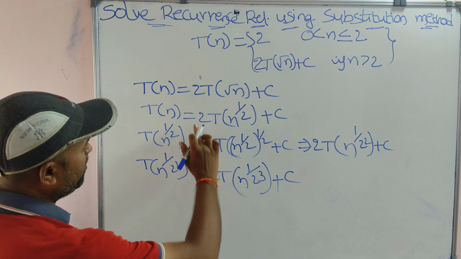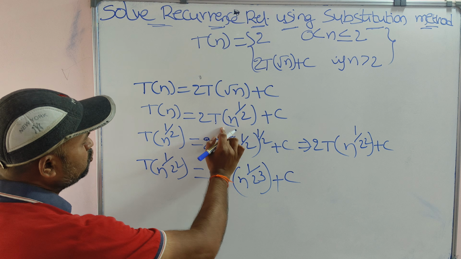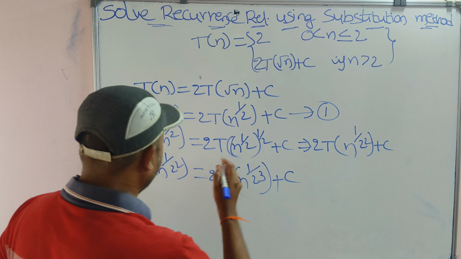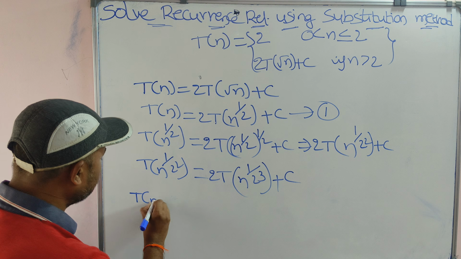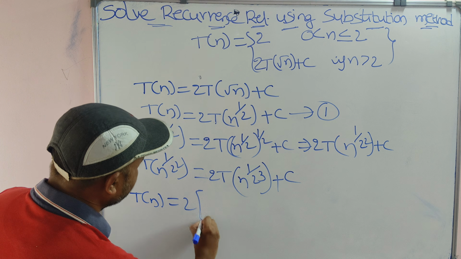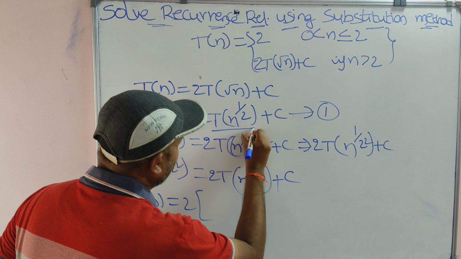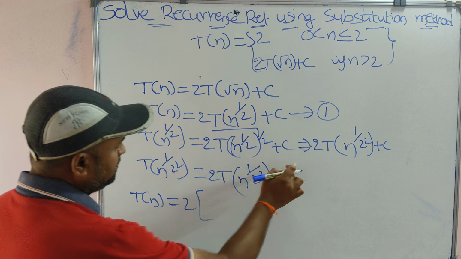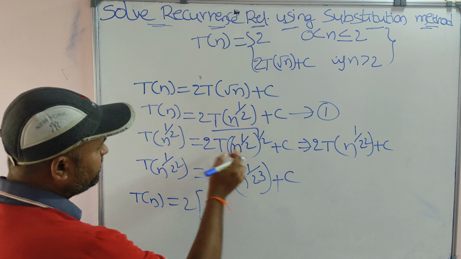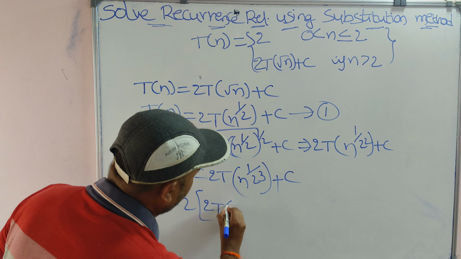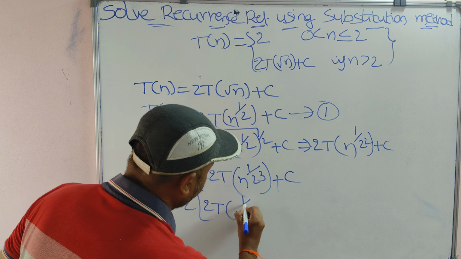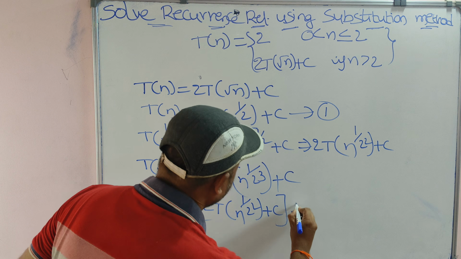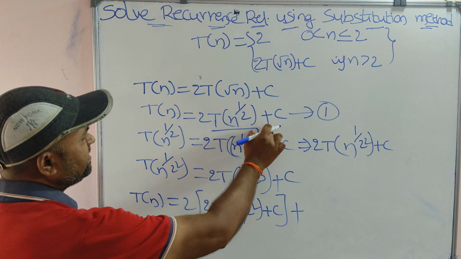So here what is the problem? T of n equal to 2T of n power 1 by 2 plus c. Let it be equation 1. So T of n equal to 2 into, already we know what is T of n power 1 by 2, so let us substitute the formula. What is T of n power 1 by 2? 2T of n power 1 by 2 square plus c, plus c, this is the given problem.